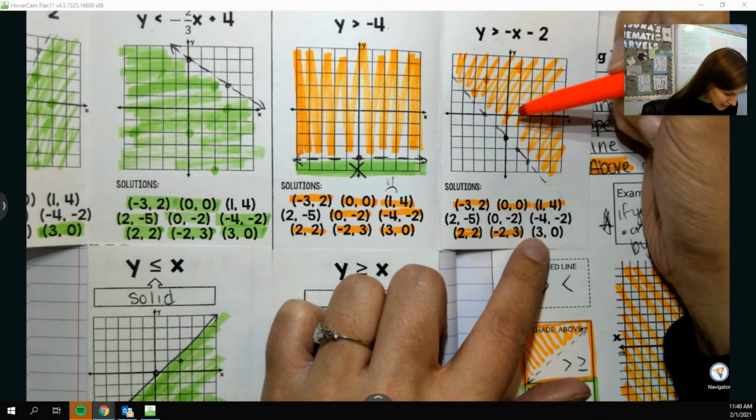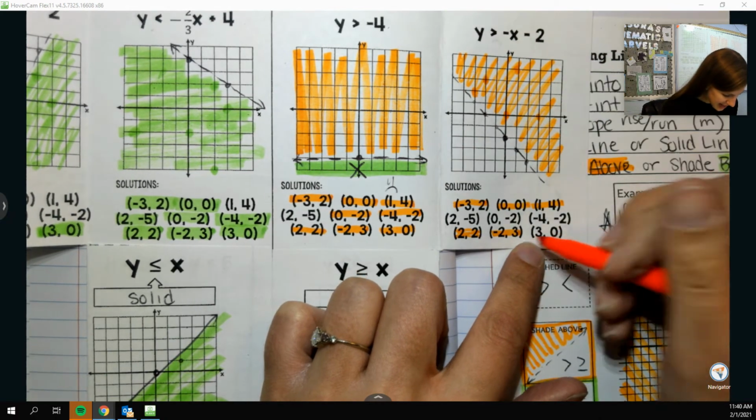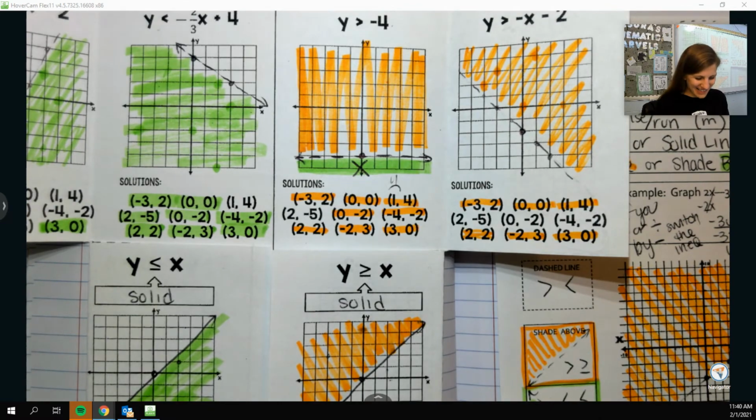And then 3, 0, that's in. Yay. Okay, we got 4 more to try.